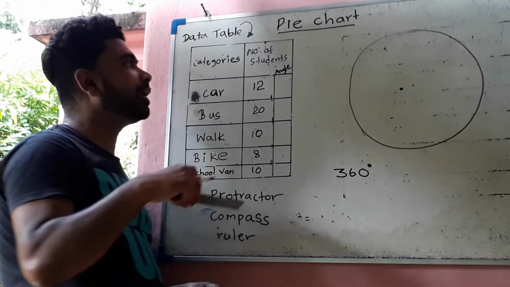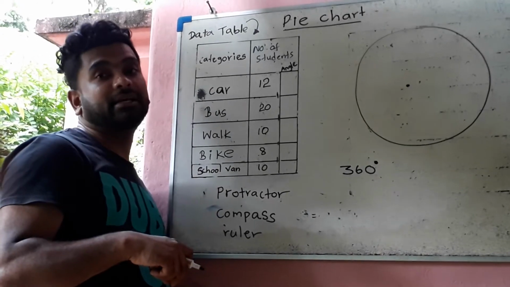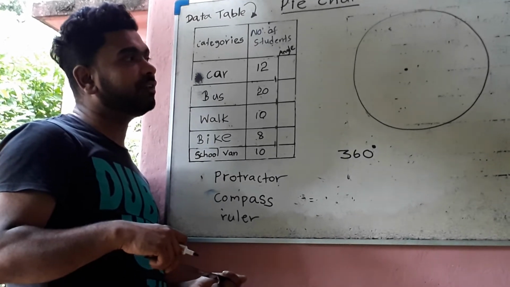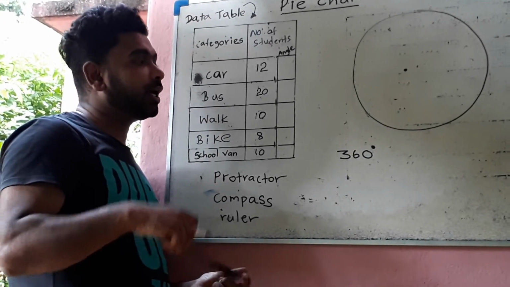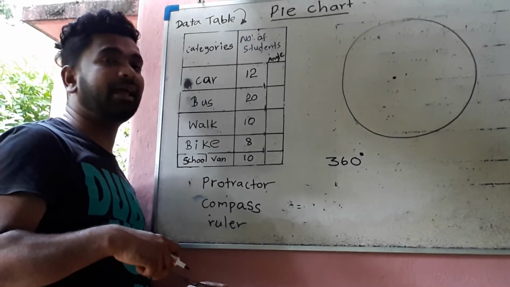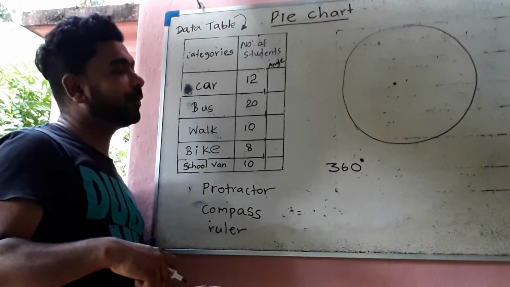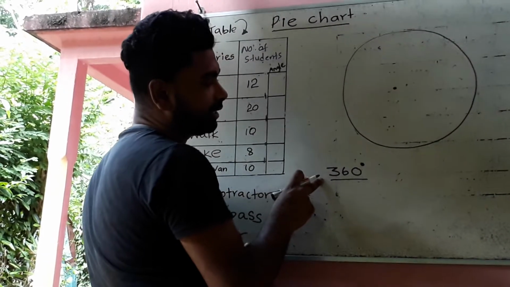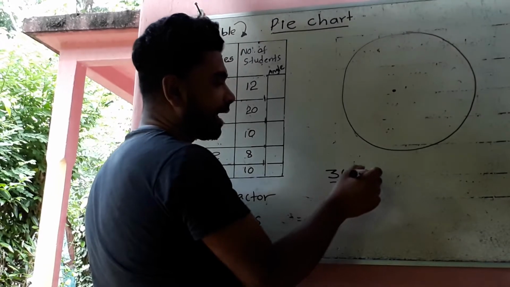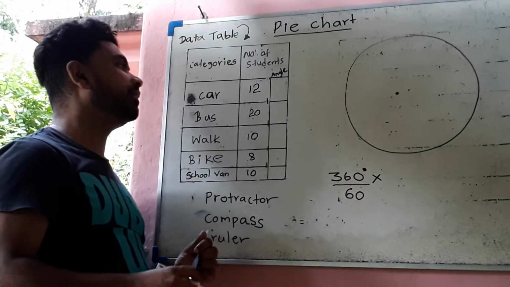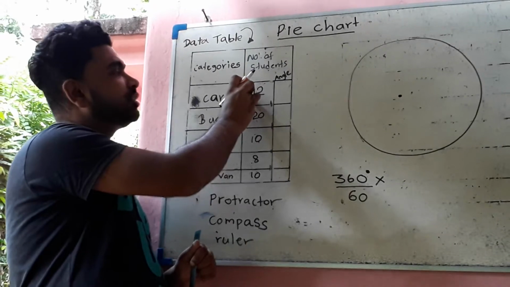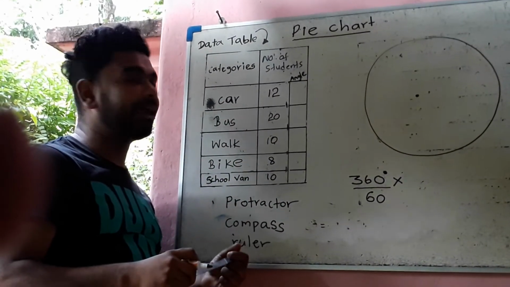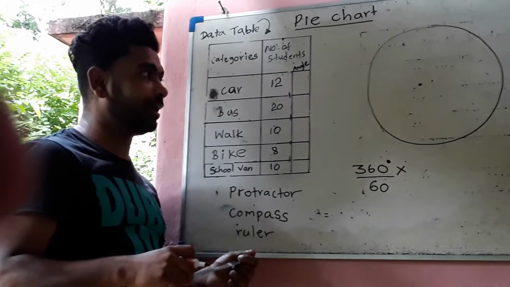The total number of students in that class is 60 students. Those 60 students we need to represent using 360 degrees. So if we divide 360 by 60, and multiply that by the number of students related to each category, we can find the magnitude of the angle we should draw.